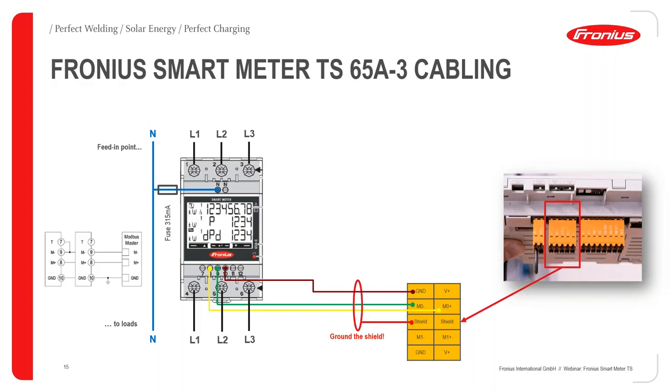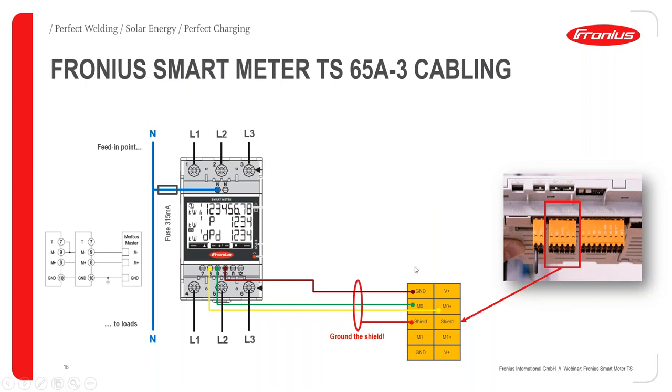So it's a basic 3-line communication. We have data plus, data minus, and ground. Here it's just named differently: M0 minus and M0 plus. So data minus, data plus, and then the ground connection. And we go with these 3 cables to our smart meter on terminals 8, 9, and 10.